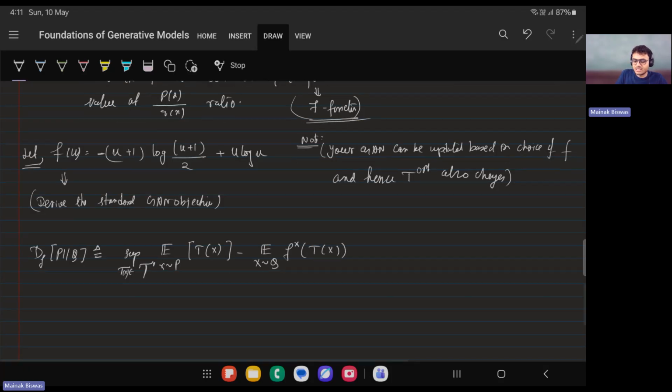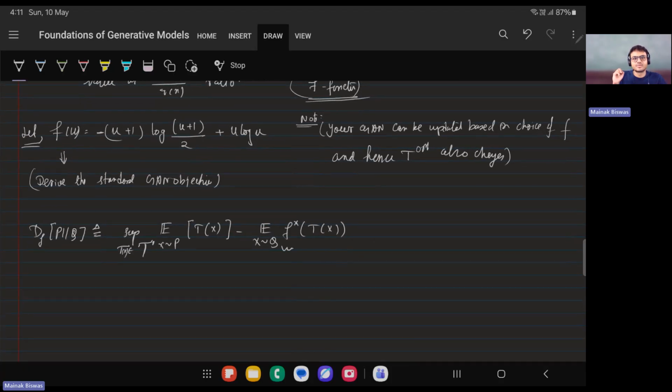So let's try and find out. What we need is the value of f star. That's all we need. We need the f star conjugate to find the loss function.